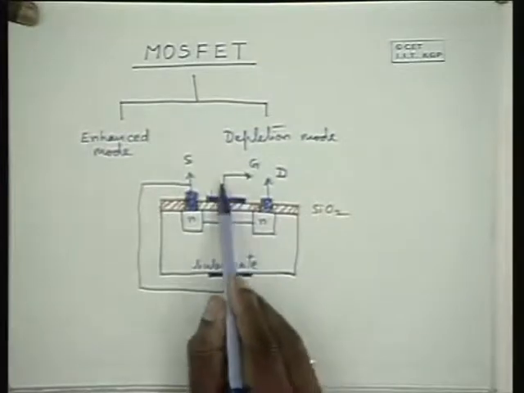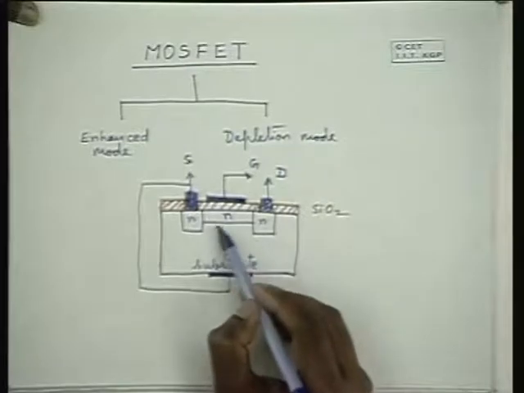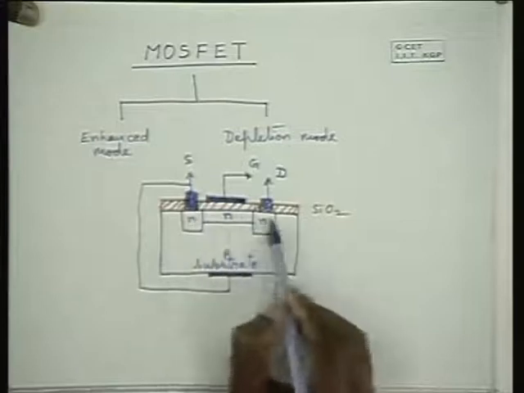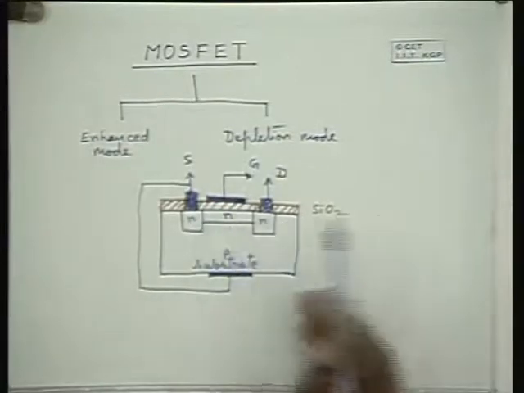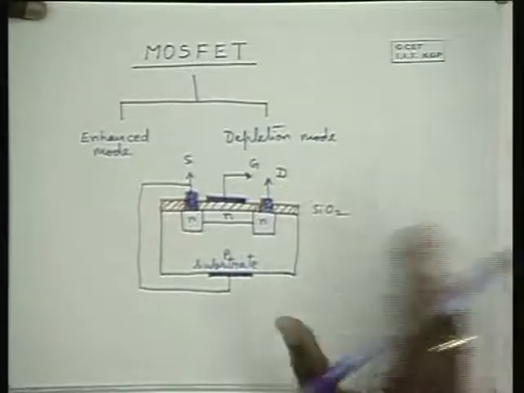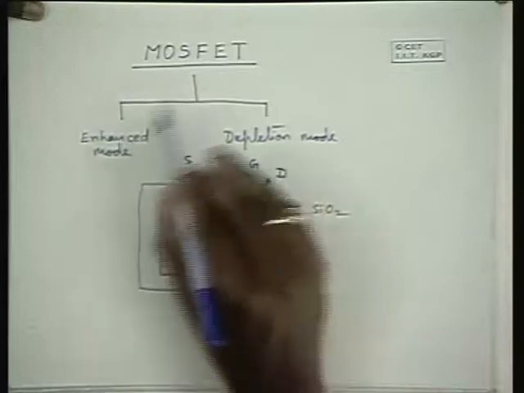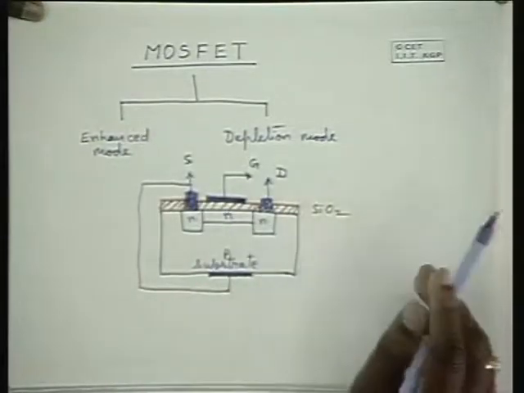This field that appears between the N channel and the gate affects the channel characteristics in a similar way to that of the JFET. That's why it is a FET, but it is a metal oxide semiconductor FET.